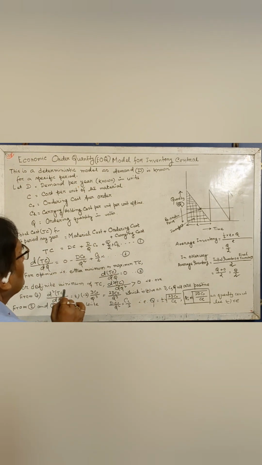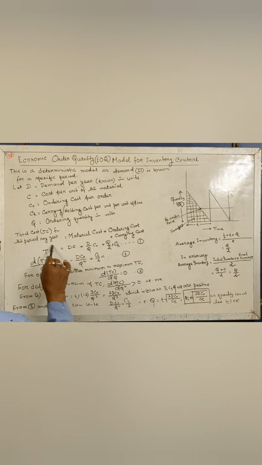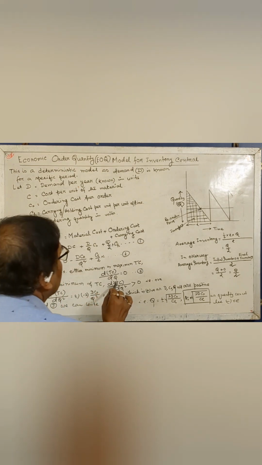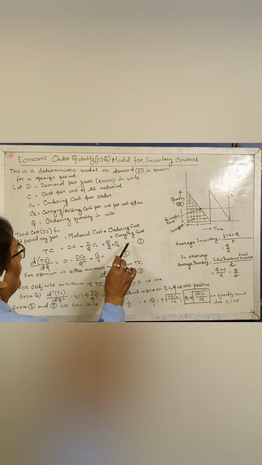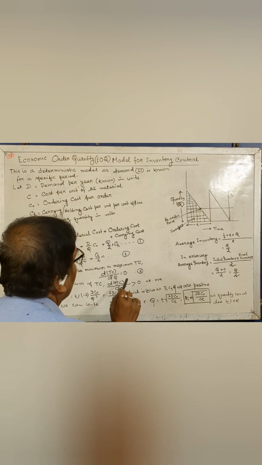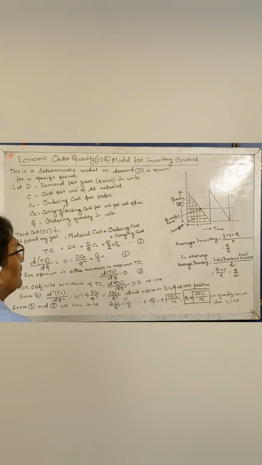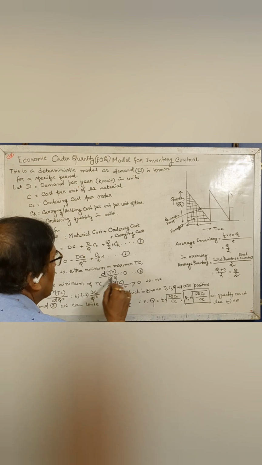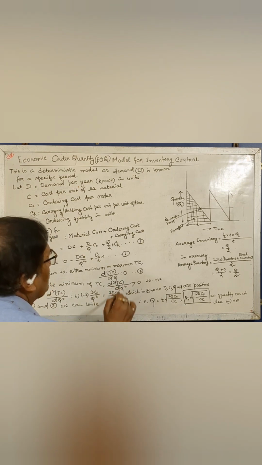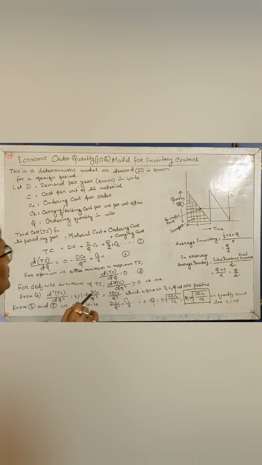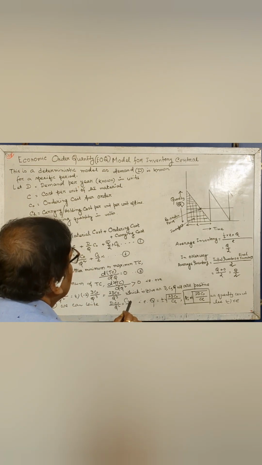For a definite minimum of TC, the second-degree differentiation must be greater than 0, that is, positive. If the double derivative of TC with respect to Q is less than or equal to 0, then it will be a case of maximum.